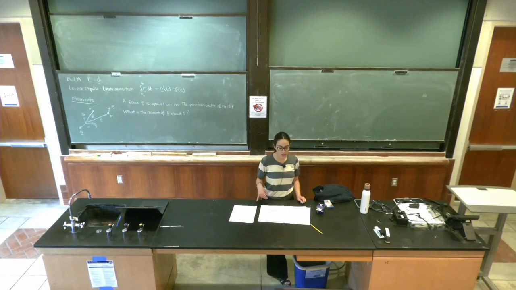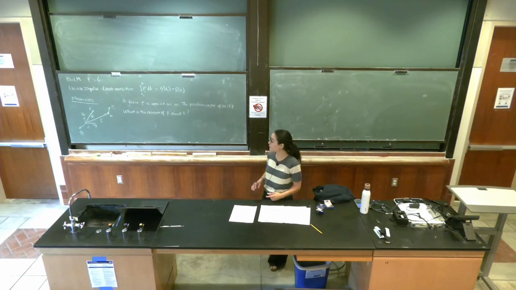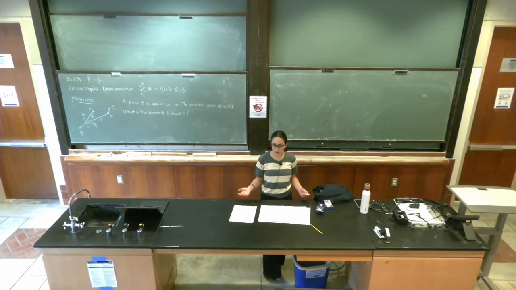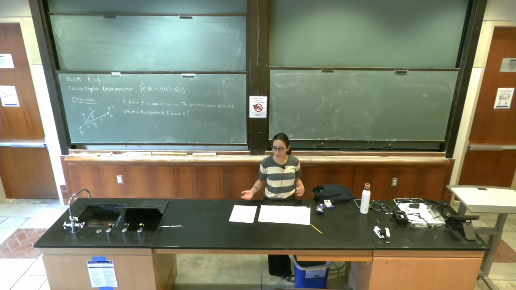What is the moment of the force F? F is being applied at the particle with mass m, having a position vector r from the origin. So what's the moment of F about O? R cross F. So is it that, or is it just the perpendicular distance from the origin to O crossed times F?